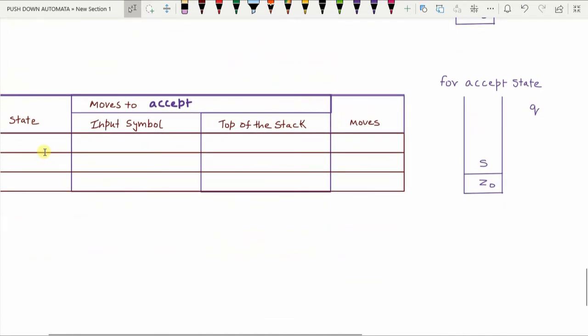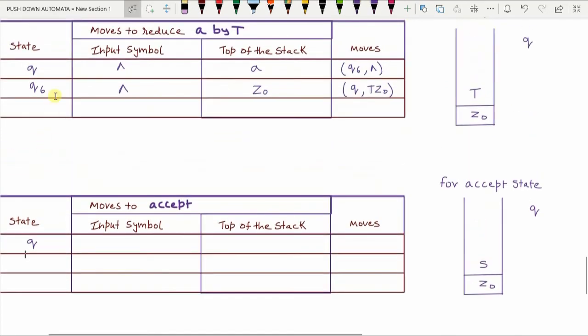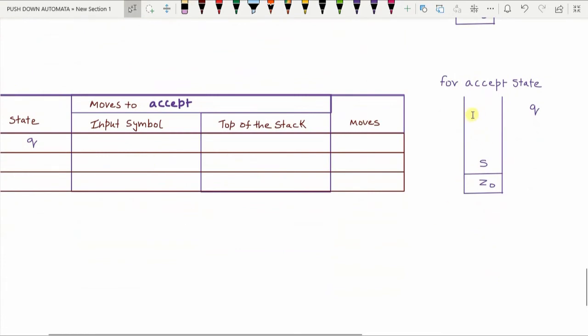Now the final accepting moves. Let's say I am in my original state, that is Q, and remember that up to Q6 we have labeled. For the accepting state, remember, the start symbol should be on top of the stack. So we will pop this S out, and when there is nothing remaining to be read and the stack is also empty, that time we say the string is accepted.